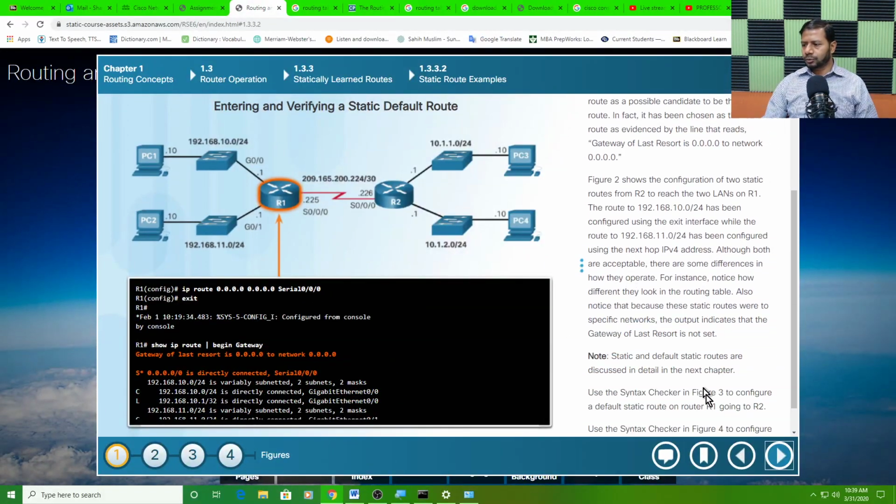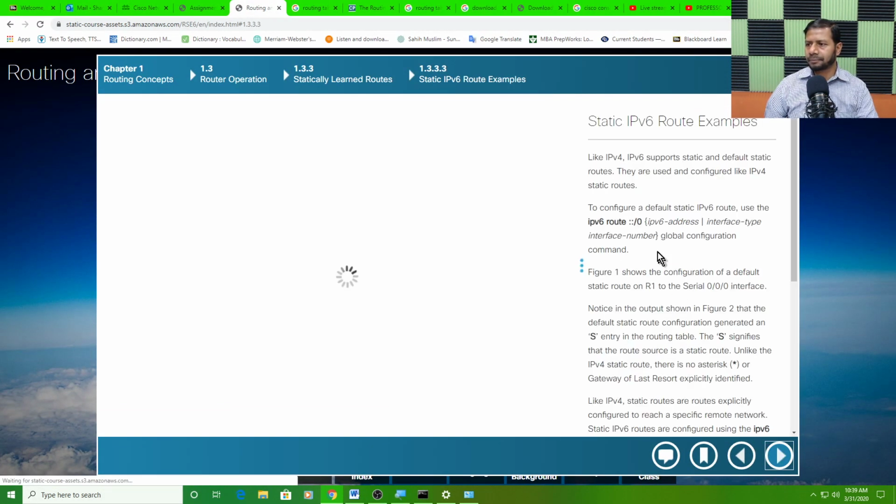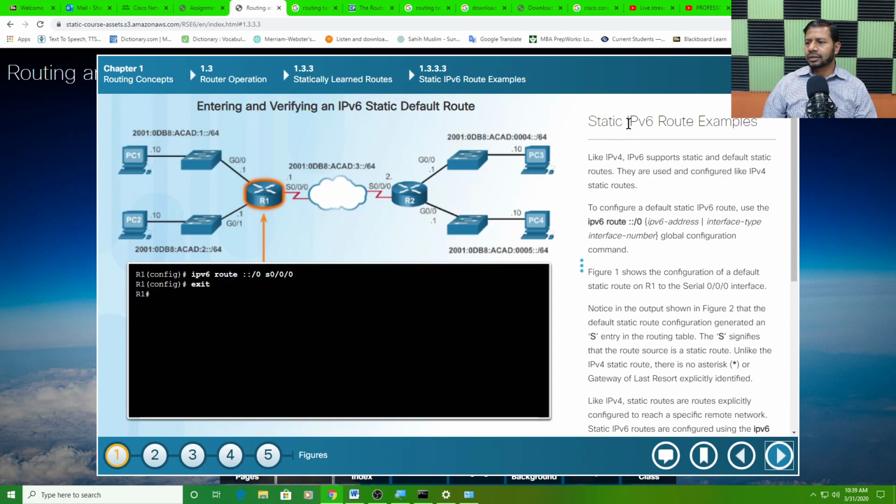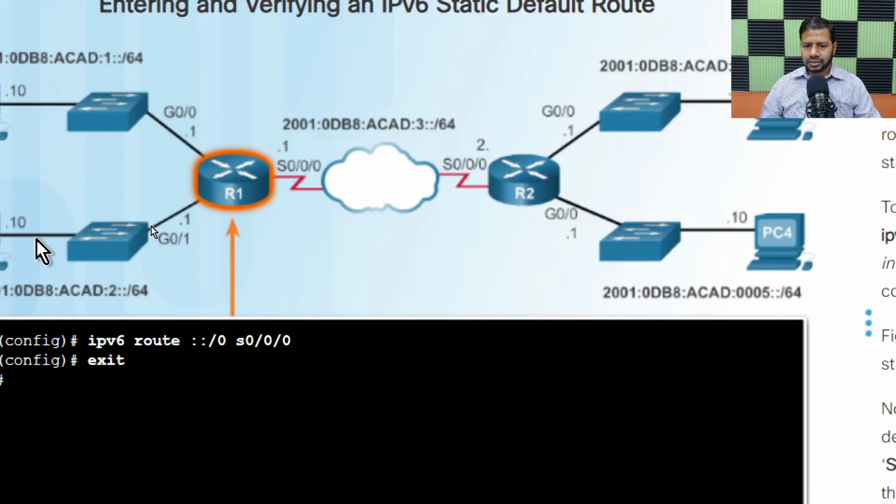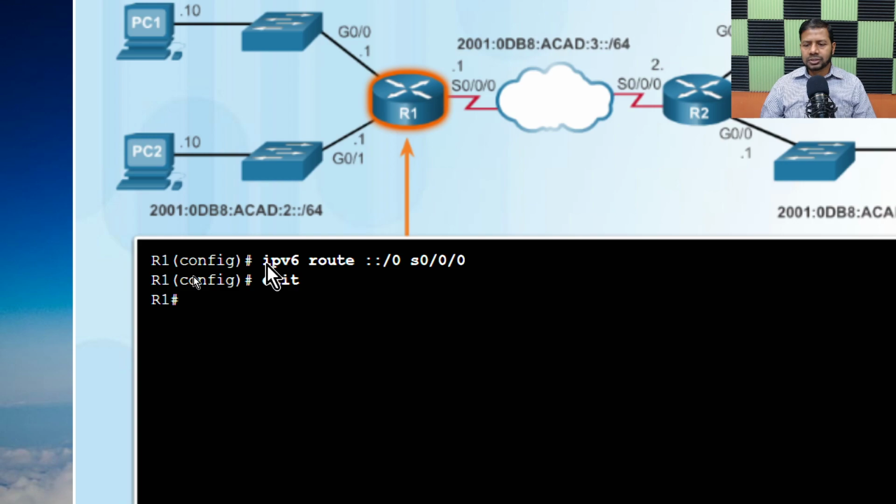Now, move on. The same way, a static route can be written for IPv6 as well. The command is a little bit different, but the same kind of command. This command says ipv6 route. But hey, where's my 0.0.0.0?